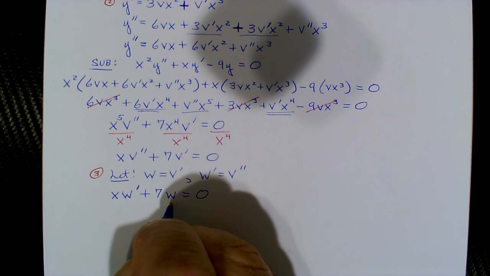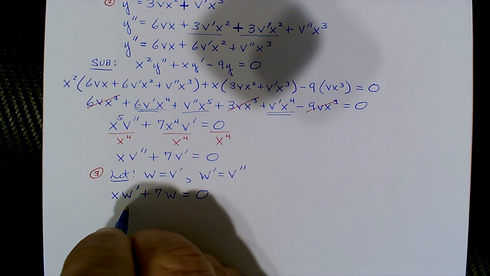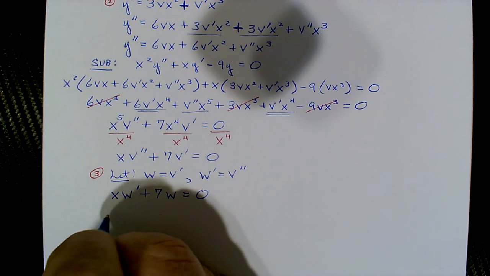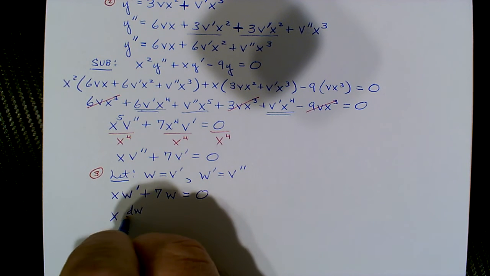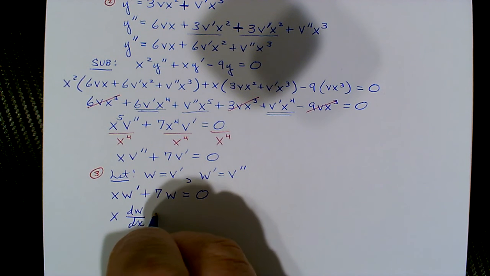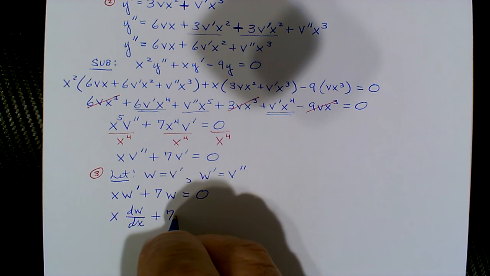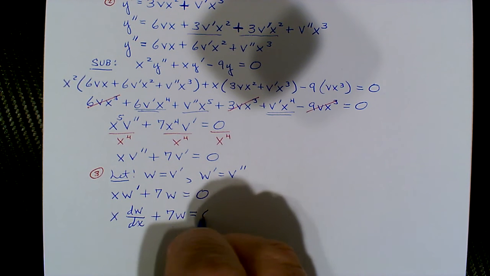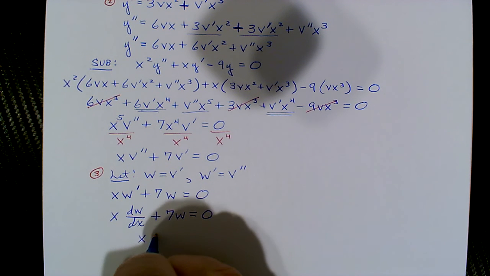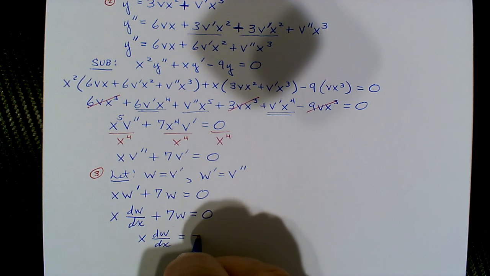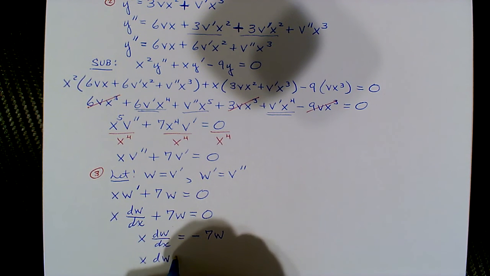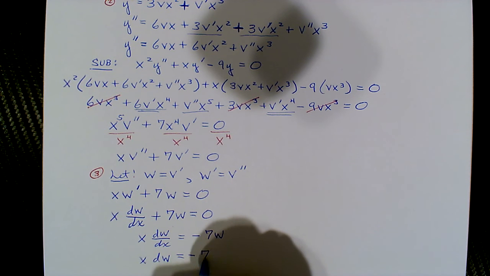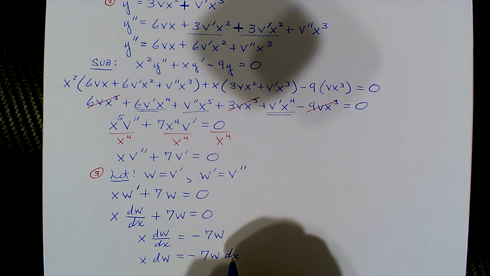We could use separation of variables, and because we're going to use separation of variables, what we'll do is we'll express w prime as dw dx and separate the variables. So x dw dx would be negative 7w in differential form, x dw minus 7w dx.